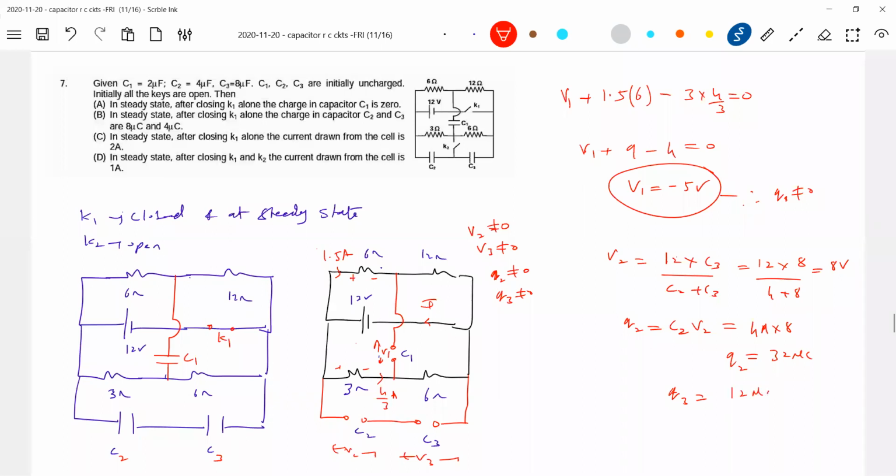This will be 12 microcoulombs. Okay, this will be Q3. Q2, Q1, anyway, it's non-zero, no? We have brought it.